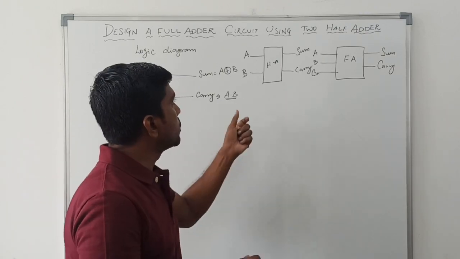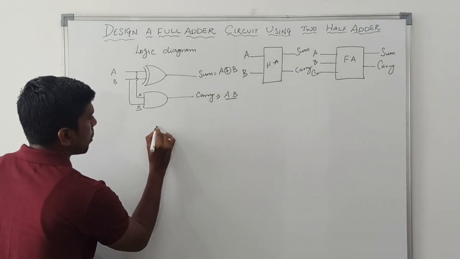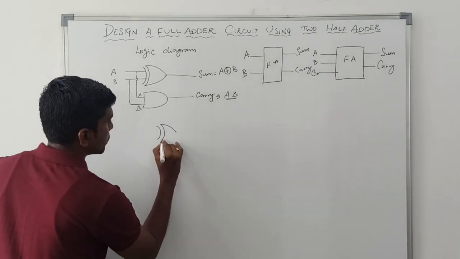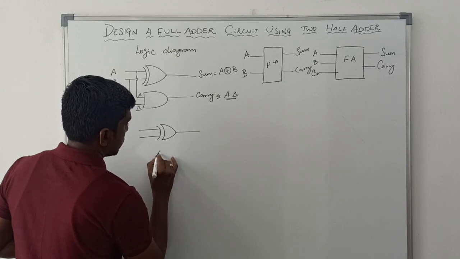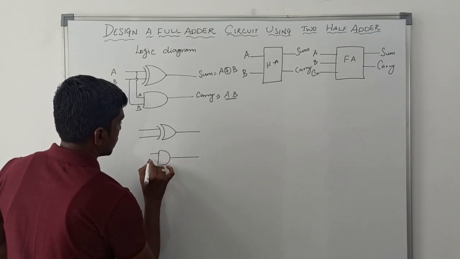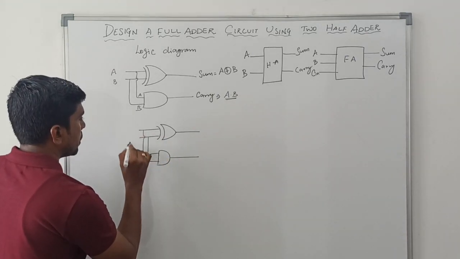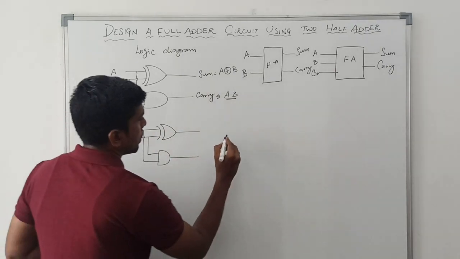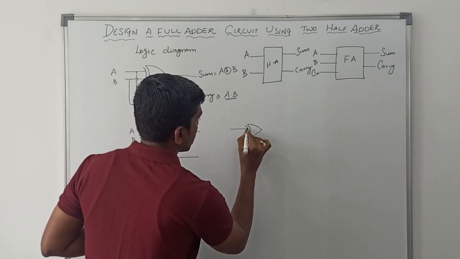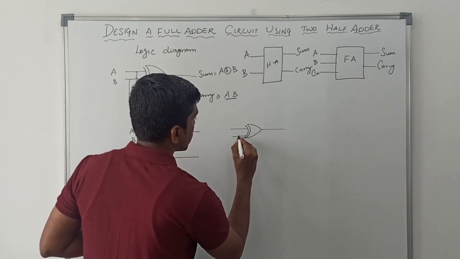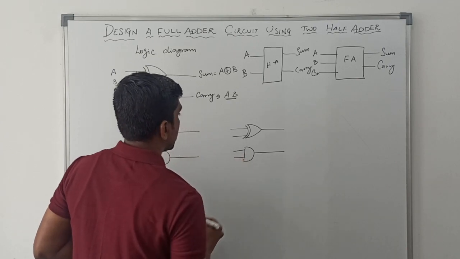Now I move on to design the full adder circuit using two half adder circuits. Let me draw the two half adder circuits first. It's one half adder circuit, and it's another half adder circuit.